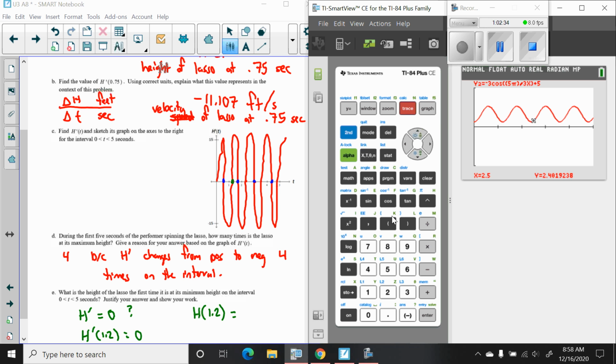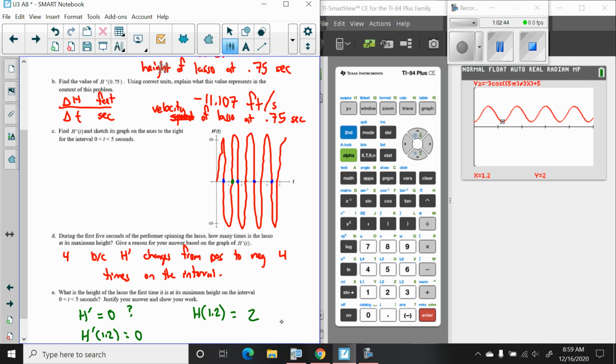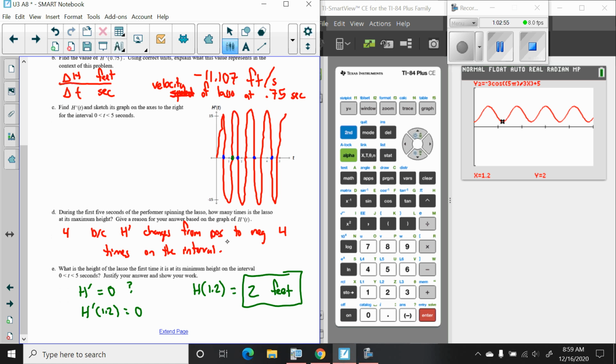So just trace 1.2. And it's at 2 feet. There we go. And I think that's it.